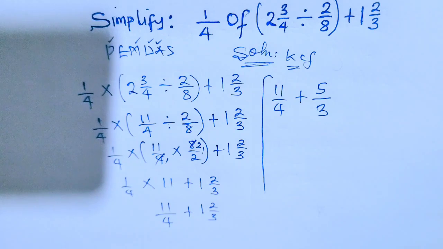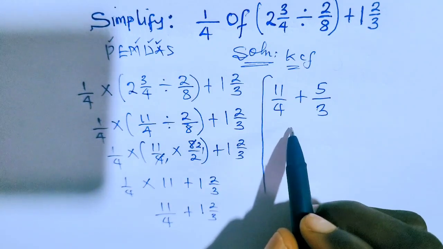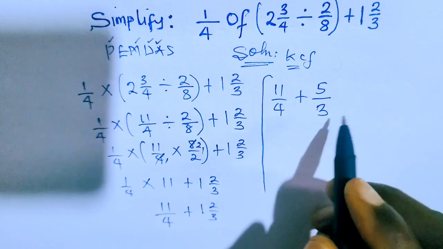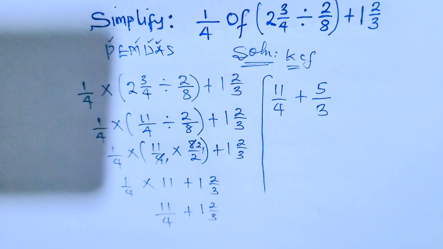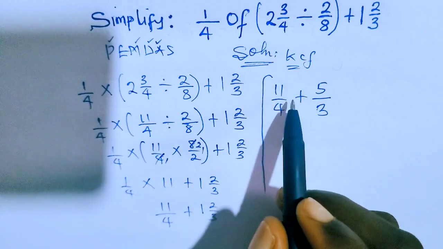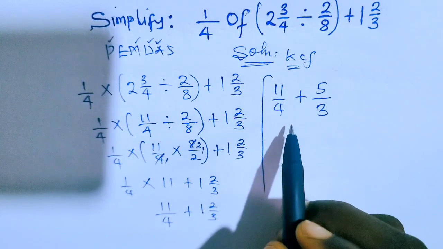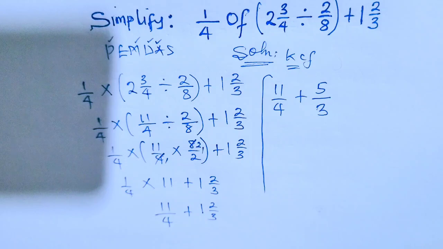Now right here, we can choose to find the lowest common multiple, that's the LCM, in the denominator, or we can also apply what we call cross multiplication or butterfly method. But right here, let us apply the butterfly method.